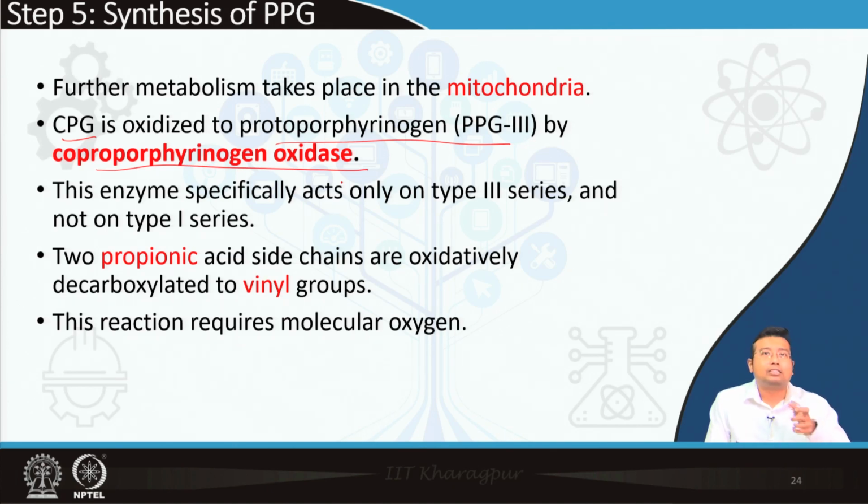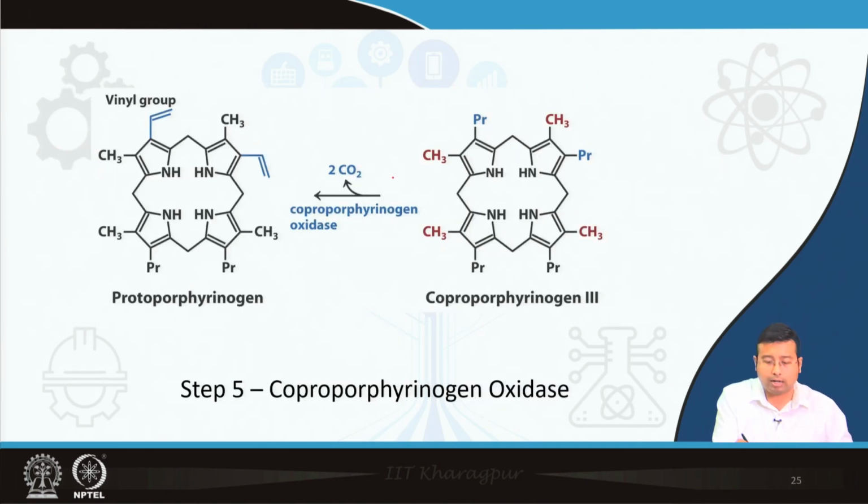This enzyme specifically acts on type 3 series and not on type 1 and 2. Propionic acid side chains are oxidatively decarboxylated to vinyl groups. And this reaction also requires molecular oxygen. So, what happens? Oxygen is coming and CO2 is produced, and protoporphyrinogen is formed from coproporphyrinogen via action of coproporphyrinogen oxidase.